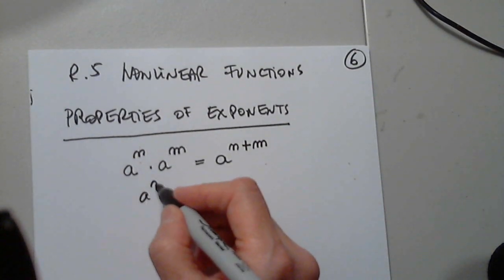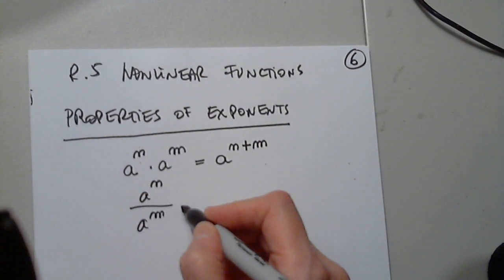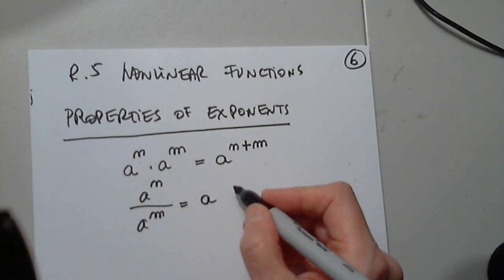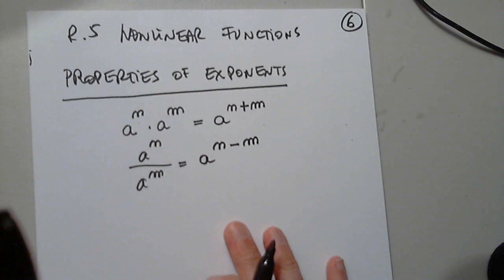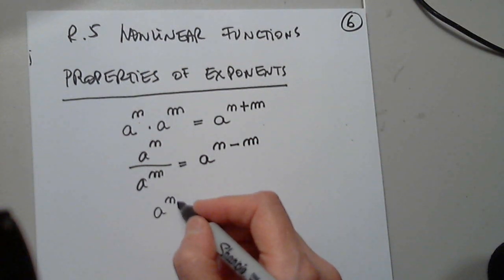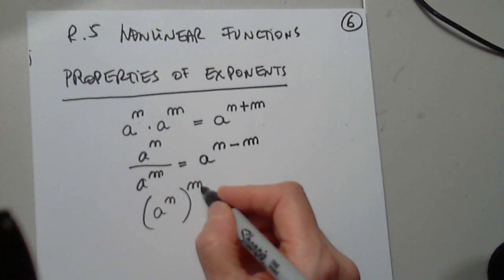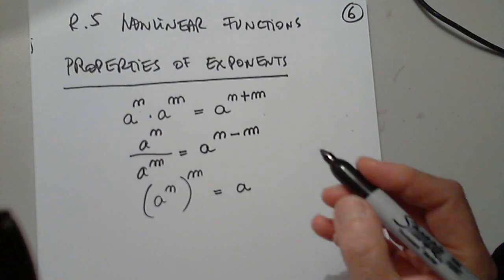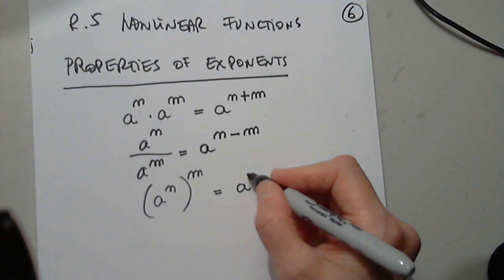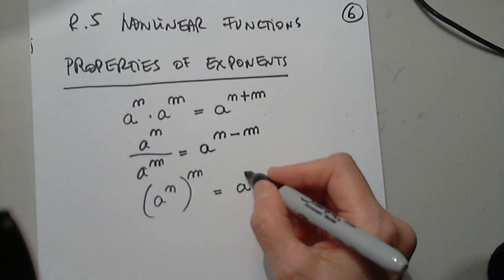If we have a to the n over a to the m, it is a to which power? Yes, the numerator minus the denominator. What about a to the n, everything raised to m? A to which power? N multiplied by m.